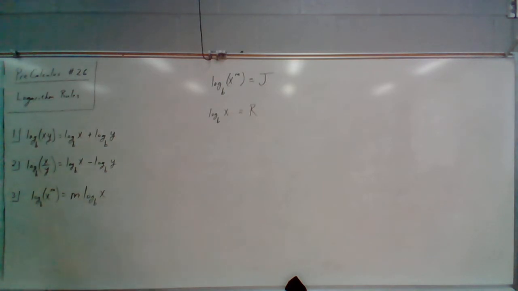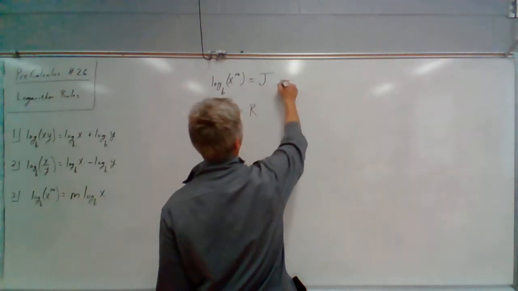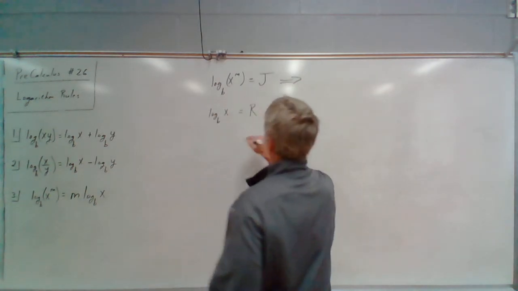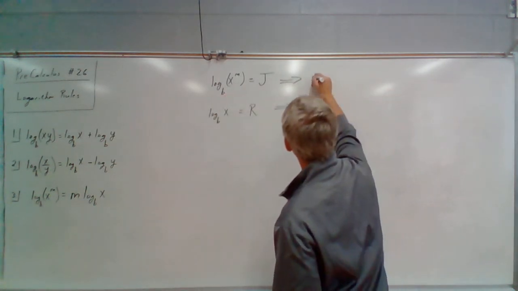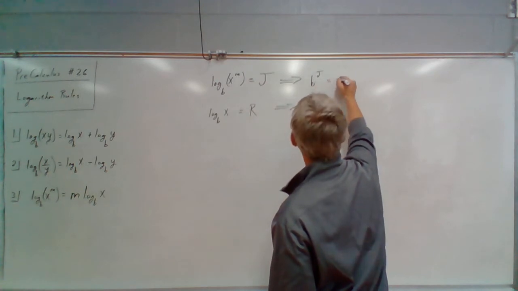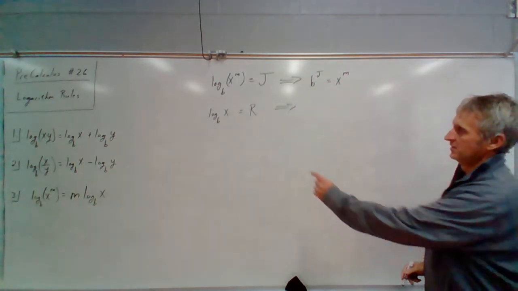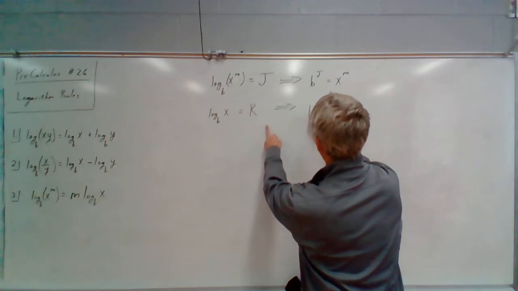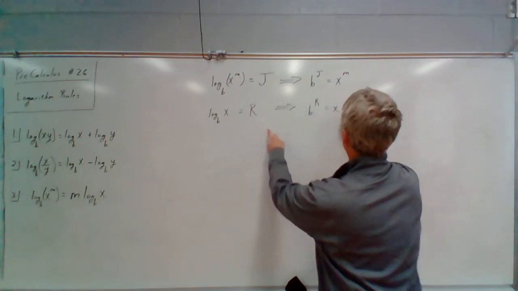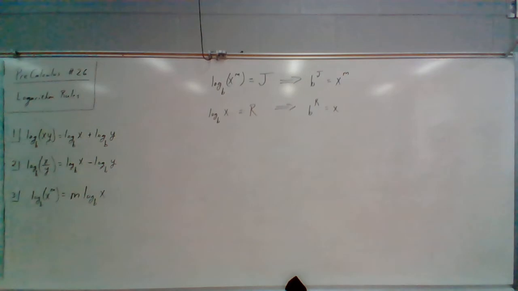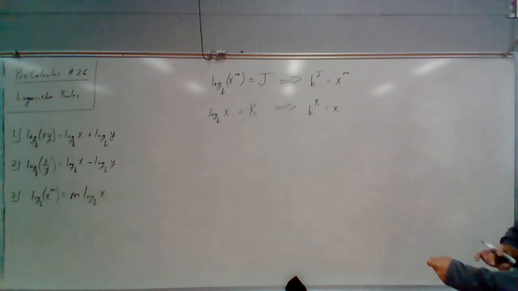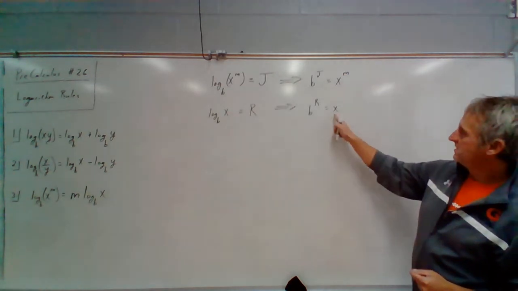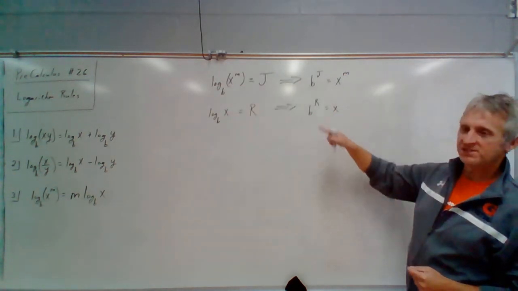Second step, as before, I'm just going to tell what each of these means. So this one means b to the j equals x to the m. This one means b to the r equals x. So now what can I do? How can I combine these in some way? Notice here, I know what x is. x is b to the r.